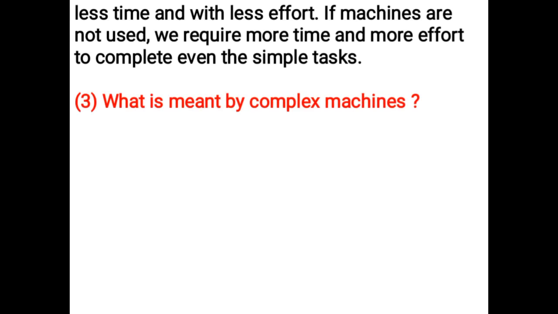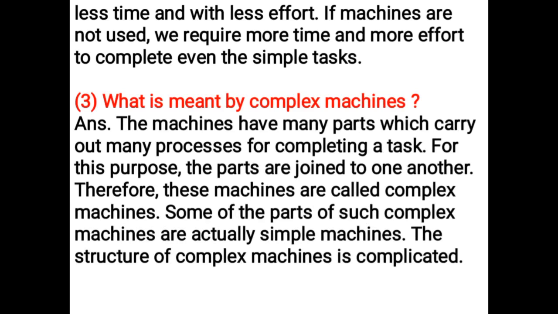What is meant by complex machines? The machines have many parts which carry out many processes for completing a task. For this purpose, the parts are joined to one another. Therefore, these machines are called complex machines. Some of the parts of such complex machines are actually simple machines.